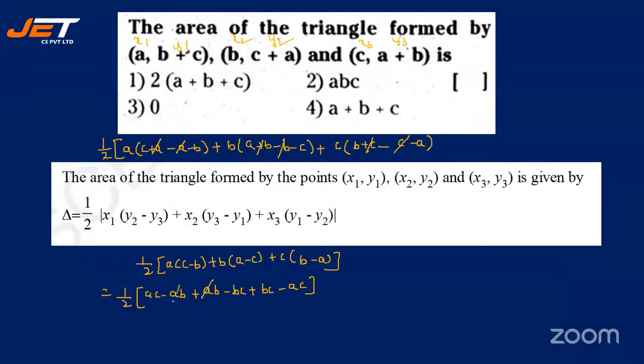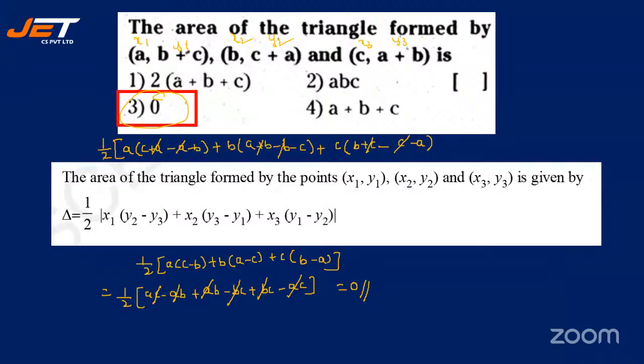Now plus ab minus ab, minus ac plus ac, plus bc minus bc. So 0 into anything becomes 0. So your answer must be option 3. All right. Yes, it is correct.